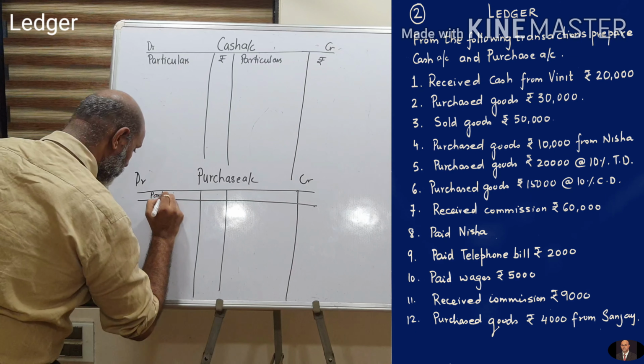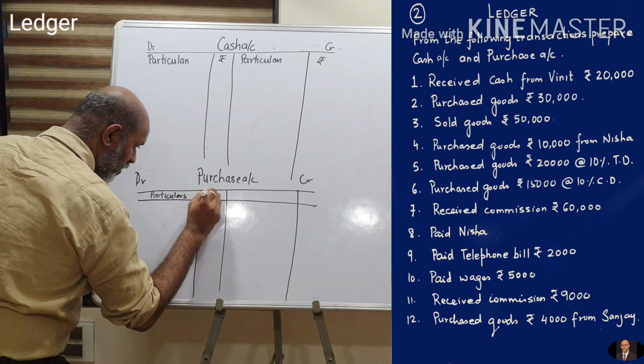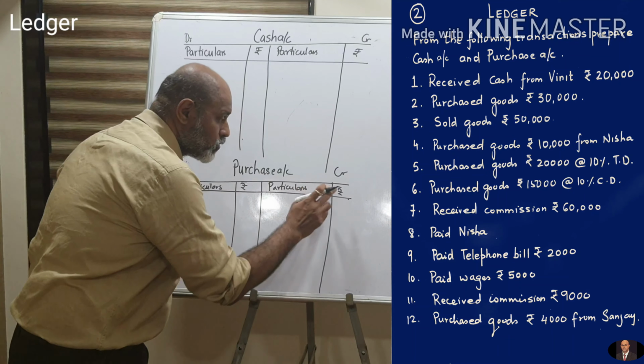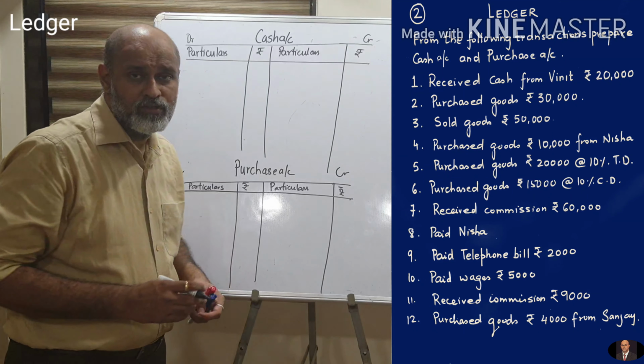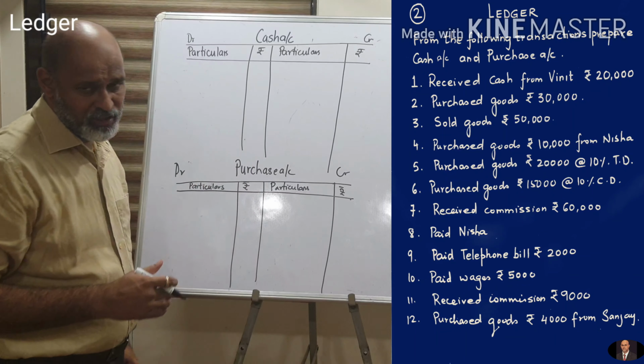Particulars, amount, particulars, amount. So these are the two accounts which we are going to focus on, that is cash account and purchases account.